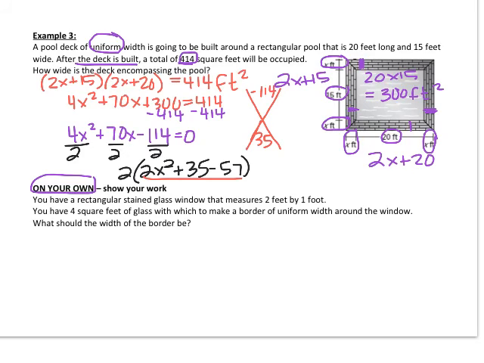If I divide 114 by 3, I get 38. So 38 and negative 3 multiply to negative 114, and they also add to positive 35. So this is where I'm working right now. And I do need to divide by 2 because that was my a value.